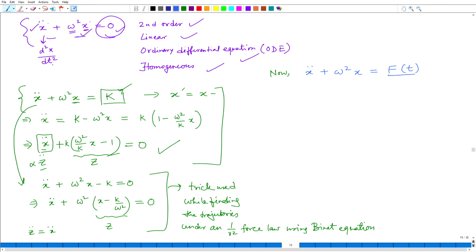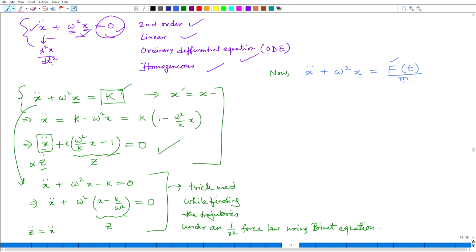I can write it for my convenience like this, where m is the mass, so it will have the dimension of force. So, this is the mass of the particle, or the oscillator.